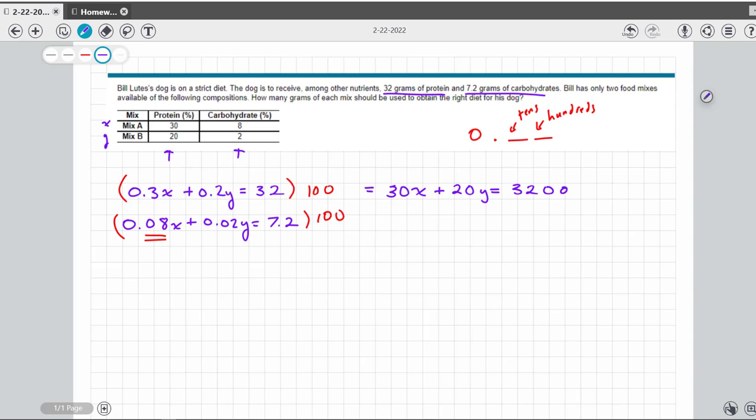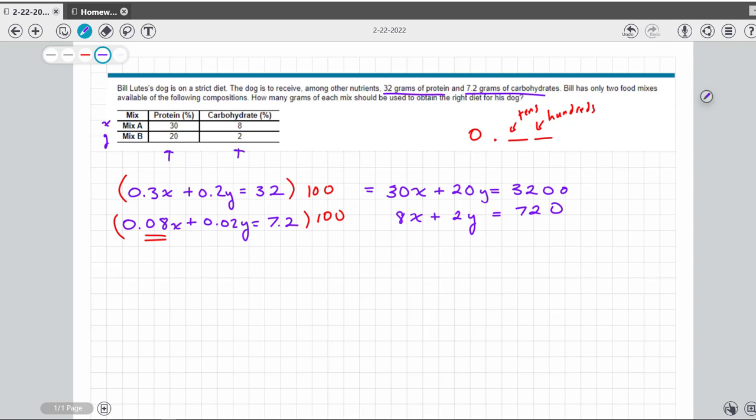All I did was multiply every term by 100. You're going to see the one below, kind of nicer. I'm going to get 8x plus 2y, and I multiply 7.2 by 100, and I get 720. So now I have something that's a little easier to solve because it doesn't have decimals.